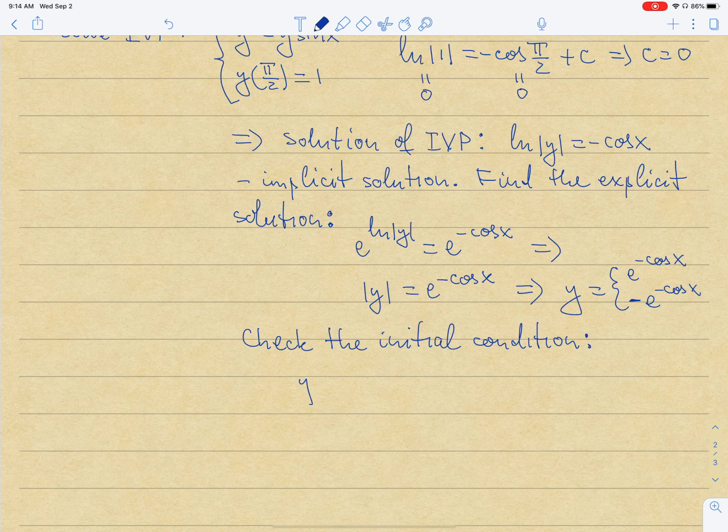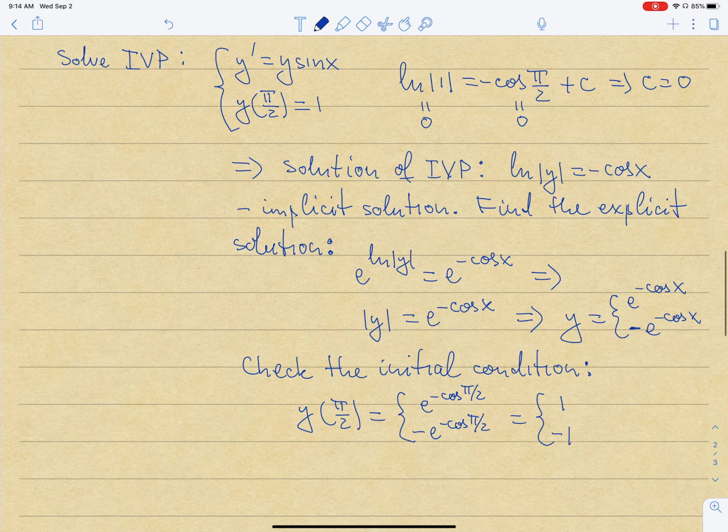If I compute y of pi over 2, what is that? That's either e to the minus cosine pi over 2 or minus e to the minus cosine pi over 2, which is, cosine of pi over 2 is 0, e to the 0 is 1, so 1 or minus 1.